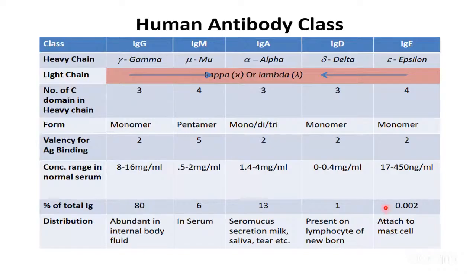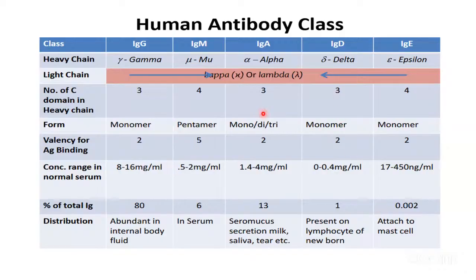So antibody classes, there are different classes as we've already seen. And I just wanted to highlight this table so that we can appreciate the quantities of antibodies in relation to each other and how they're distributed in the body and their structural makeup, for example.